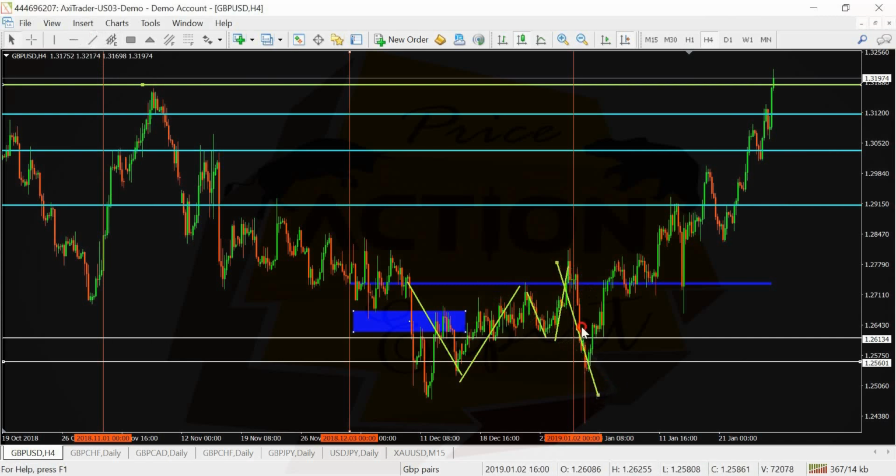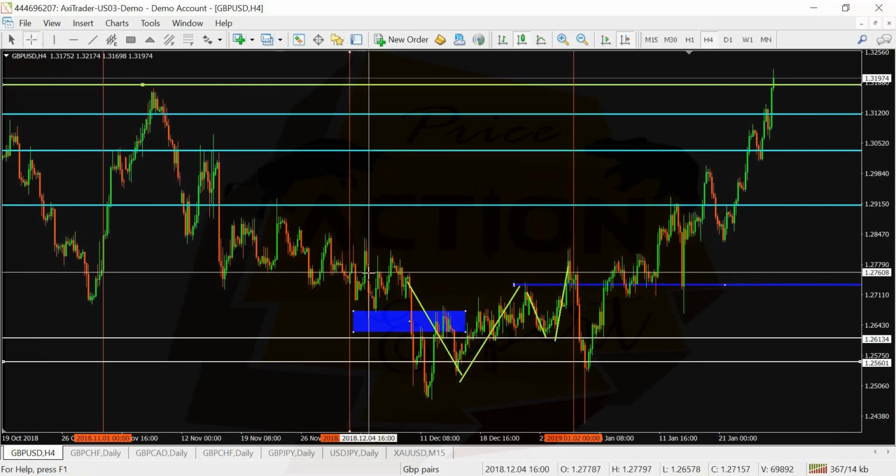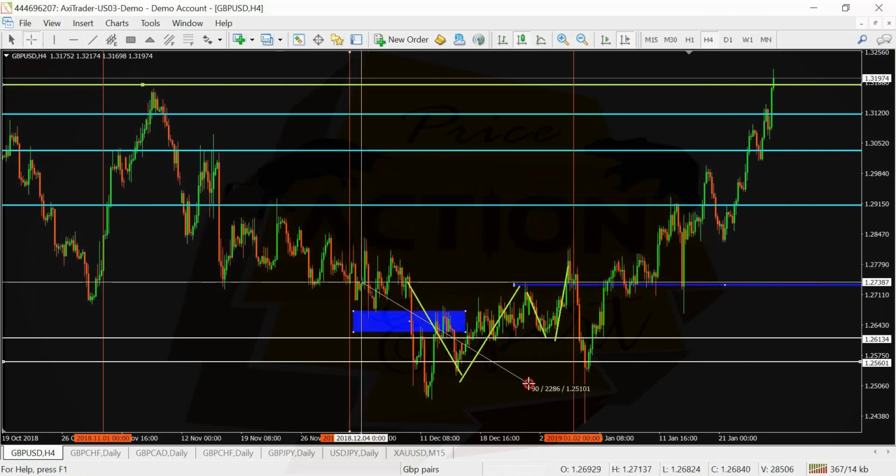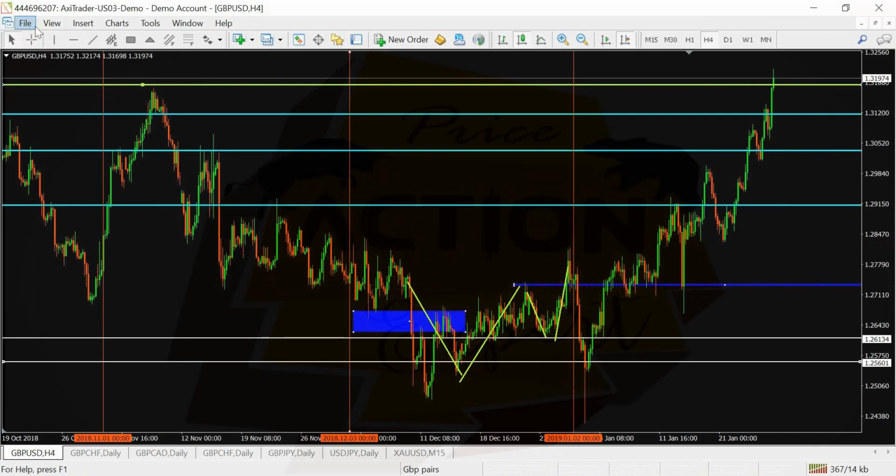The beginning of the year. Actually, this is the opening candle of, see here, of the year 2019. Okay, it almost started at the same price and it finished at the same price in December 2018.